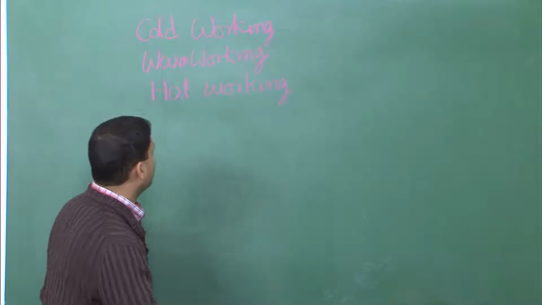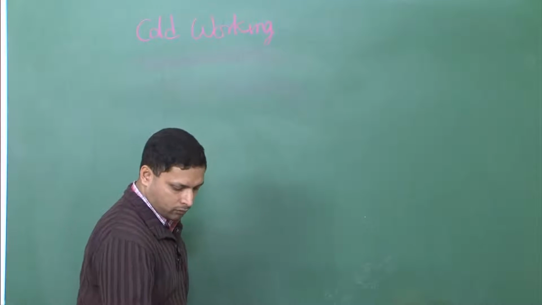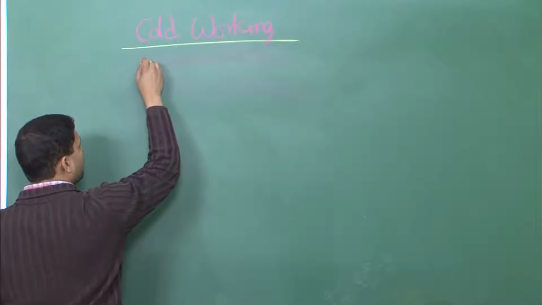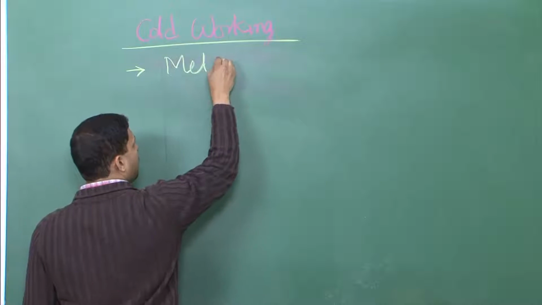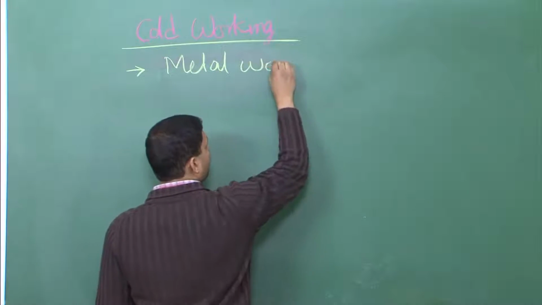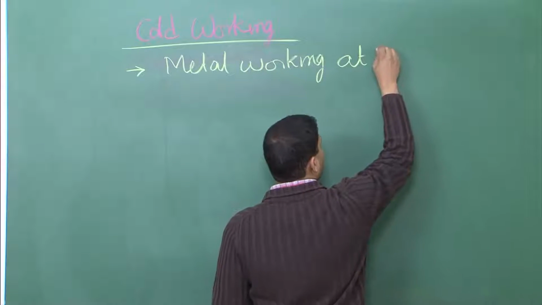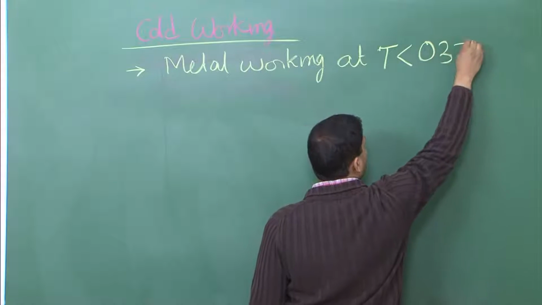What is cold working? By now, you would have realized cold working is nothing but when you are doing the deformation or metal working at a temperature less than 0.3 Tm.